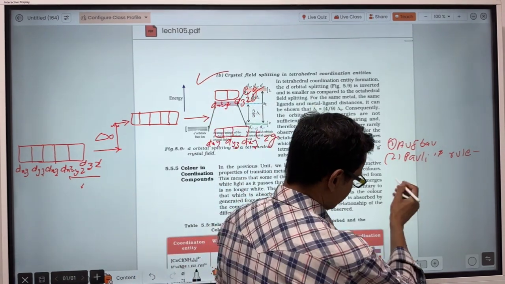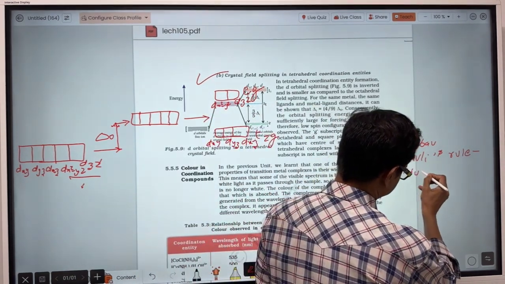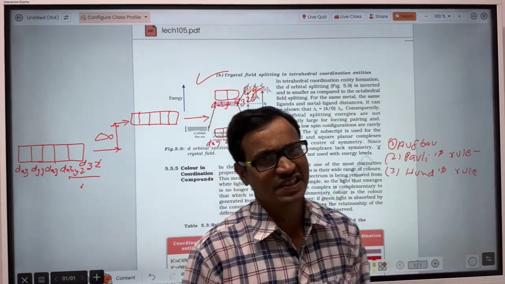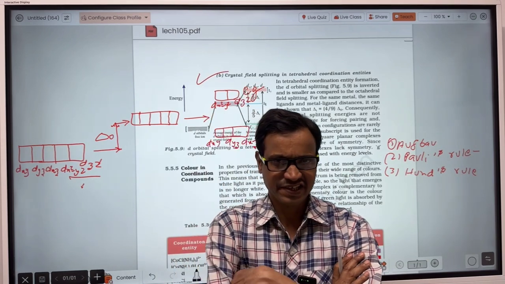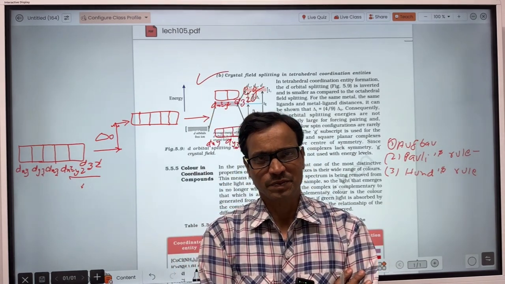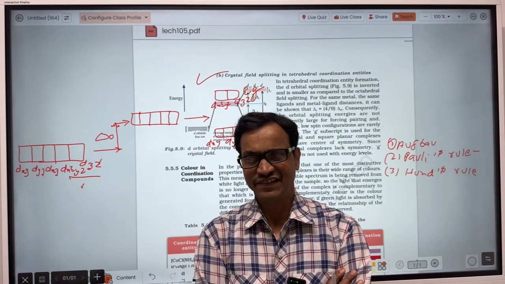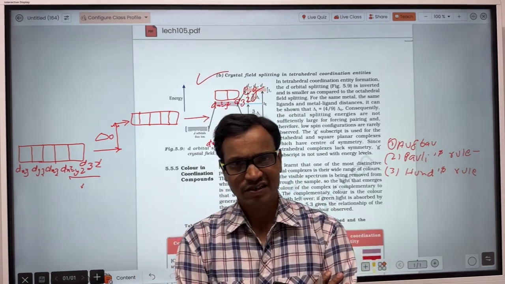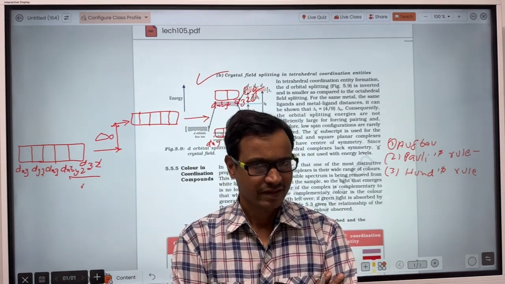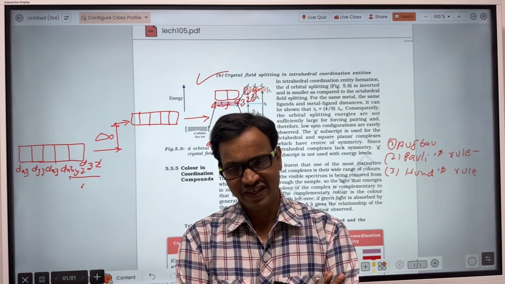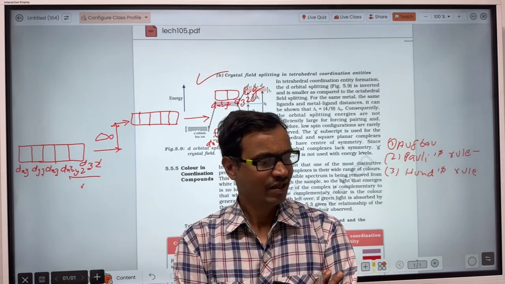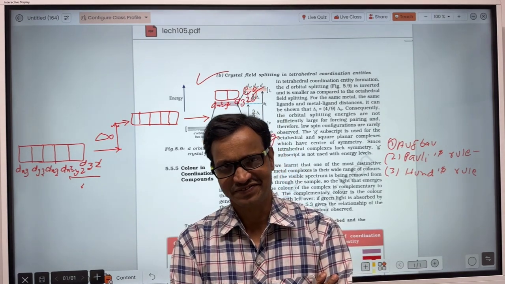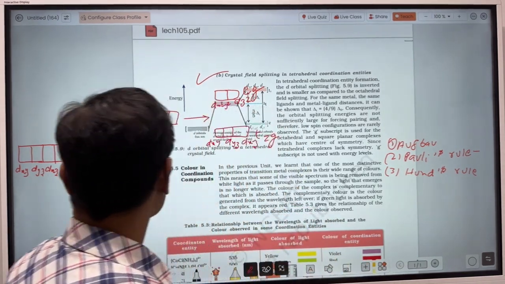And third one is Hund's rule. Hund's rule states that in degenerate orbitals, meaning orbitals having the same energy, the pairing of electrons will not take place until all the orbitals are singly occupied.